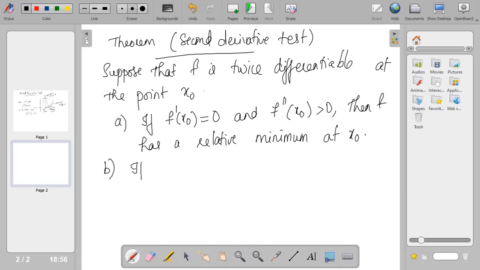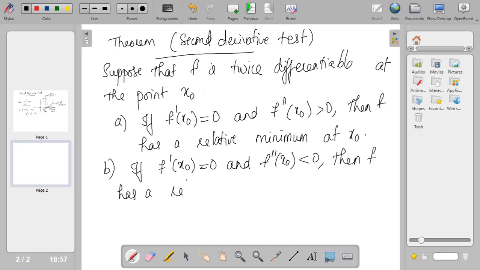And if f dash of x0 equal to 0 and f double dash of x0 is less than 0, then f has a relative maximum at x0.